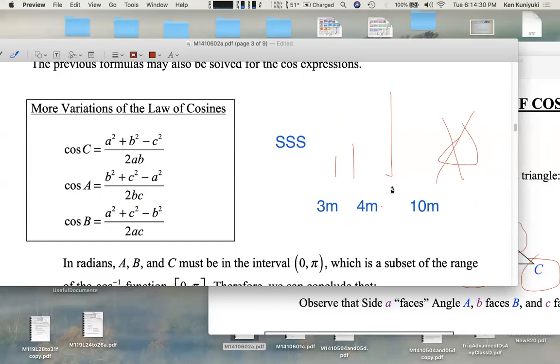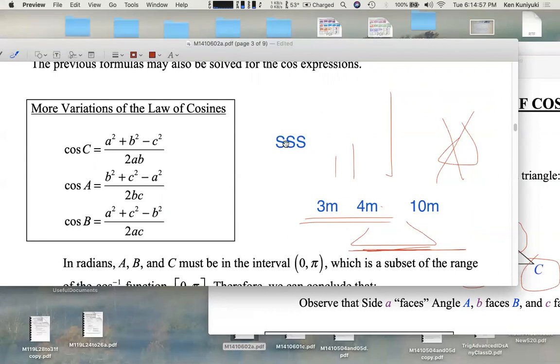The detour would have to be longer than the straight line distance. Basically, these two sides won't be able to meet. Okay, a detour is never longer. Sorry, a detour is never shorter than the third side. A detour has to be longer. 7 meters won't cut it. 7 meters, that's too short of a detour. That's shorter than the straight line length.